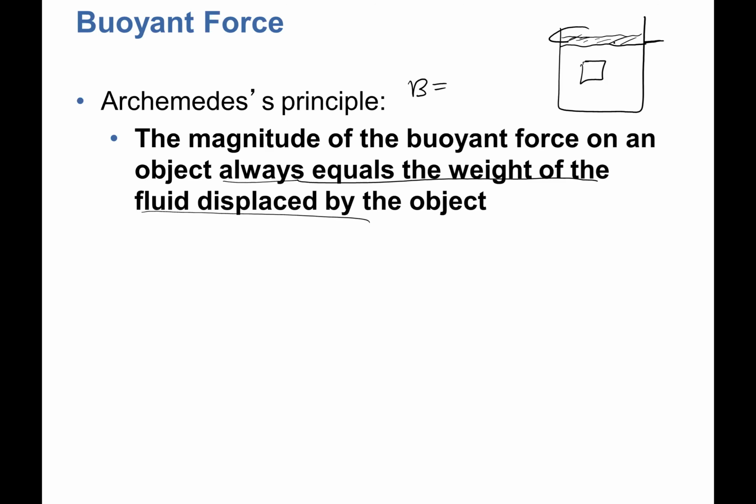That means if I take that displaced fluid, put it on a scale and measure its weight, the buoyant force equals that. Not the entire water weight, but only the water displaced when you put the object completely inside the water.